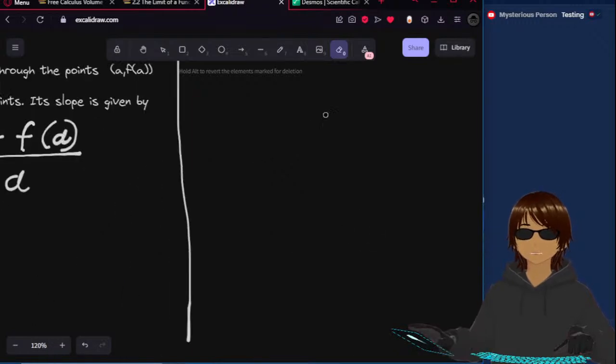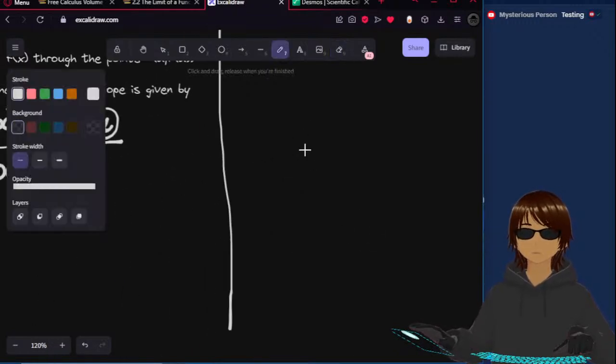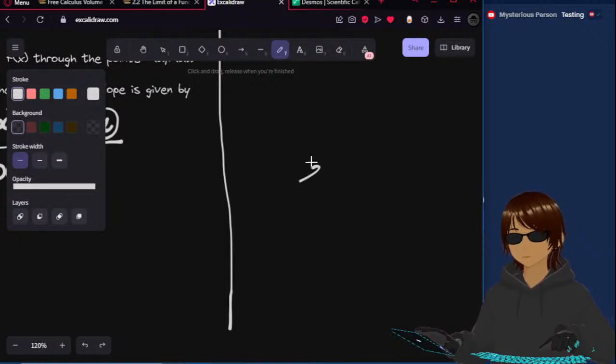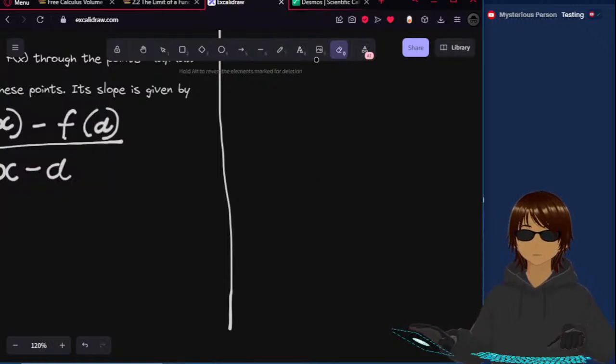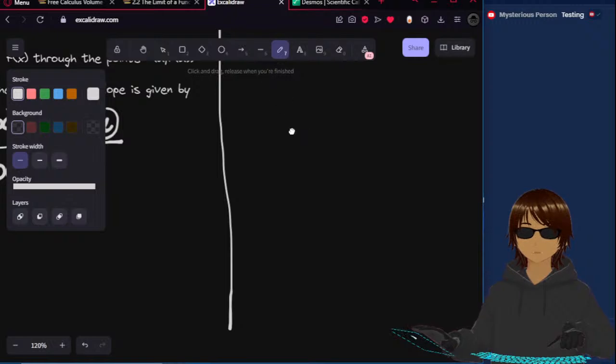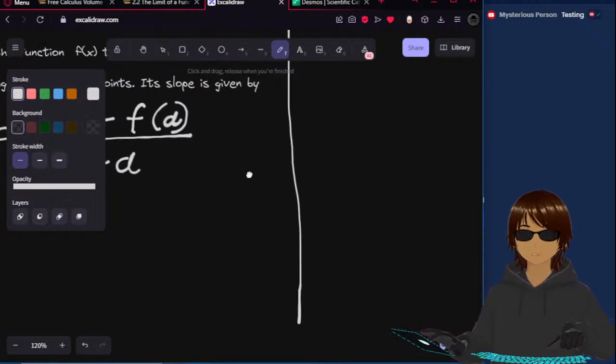Also, I just realized I can use middle click to turn. Let me see if I can do the same with my pen.